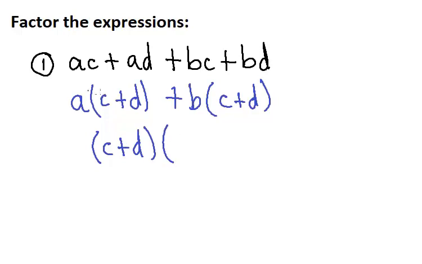I'm going to open another parenthesis and copy what is left. If I take out the parenthesis C plus D, what remains is A plus B, so I put A plus B inside parentheses, and that's it. I finally factored the expression because I have 2 parentheses that are multiplying. The idea is we need to convert this into a complete multiplication, which it is in this case.